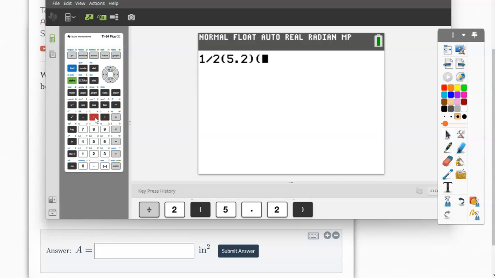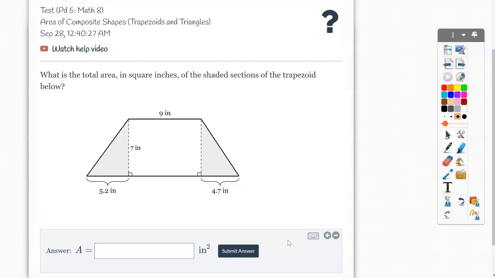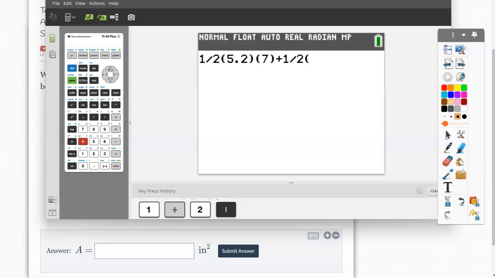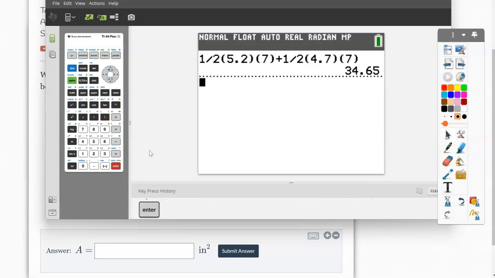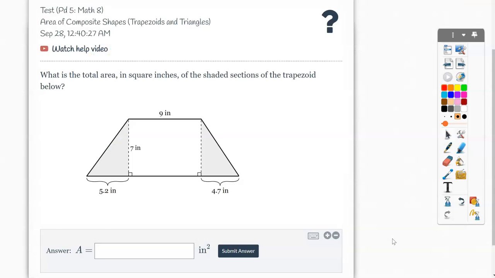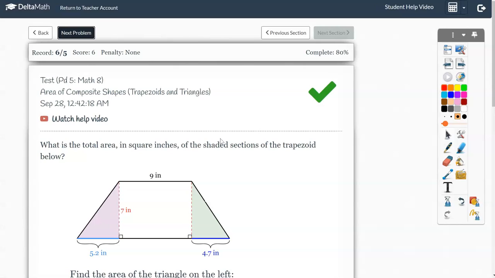Now I can get that answer, or I can simply add the next part. The other shaded triangle is half of 4.7 times 7. Put it all on one line, we get 34.65. So let's give it a try. Excellent. And that's how you complete the homework.